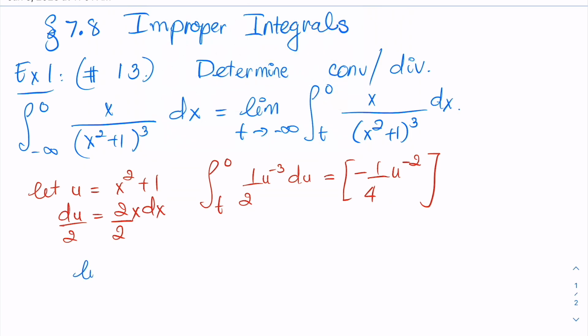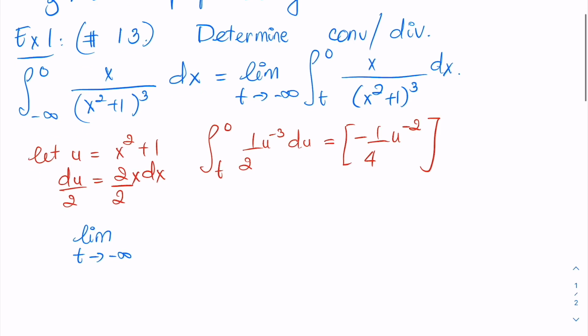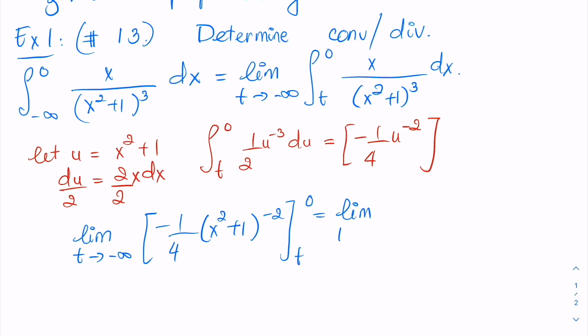So I have limit as t goes to negative infinity, negative 1/4, x squared plus 1 to the negative second power. We try to evaluate from t to 0. So that's just taking the limit as t goes to negative infinity, and we have negative 1/4 times (x squared plus 1) squared from t to 0.